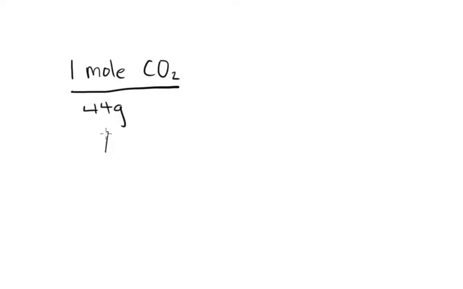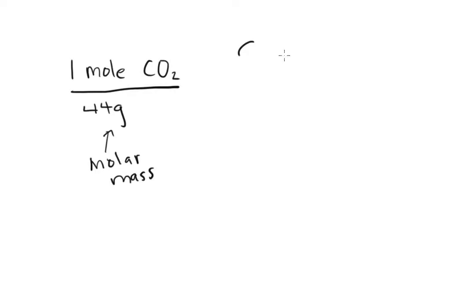I got this number, called the molar mass, by taking each of the atoms in carbon dioxide, each of their specific masses from the periodic table, and adding them all together to get 44 grams.